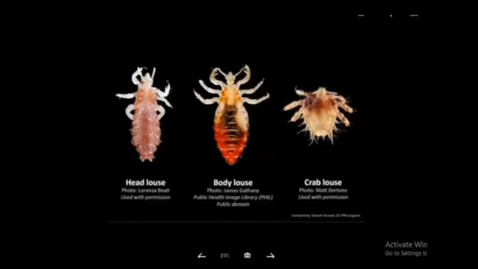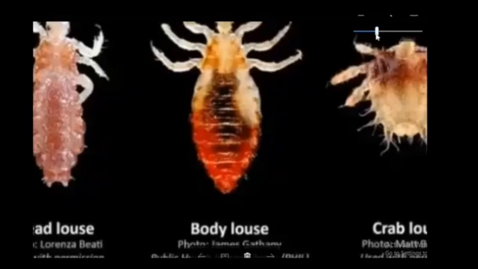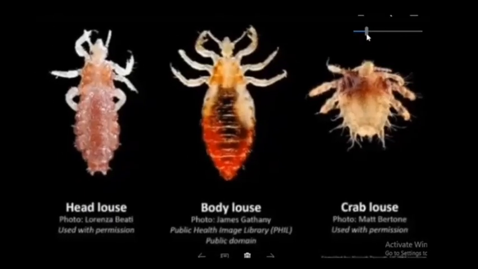So this is what lice look like. You can see the different types here: the head louse, the body louse, the crab. These three affect humans. The head louse is found on the head, the body louse is found on the body, and the crab is found on the genitals, on the private part of the body.